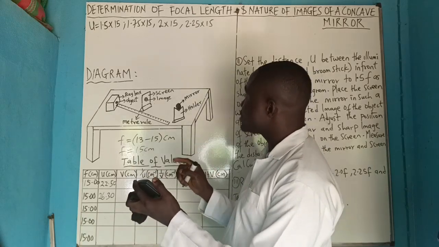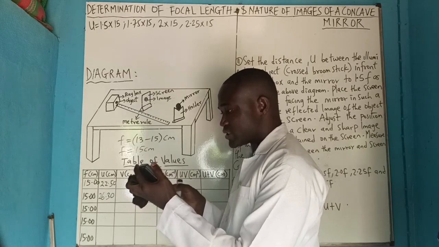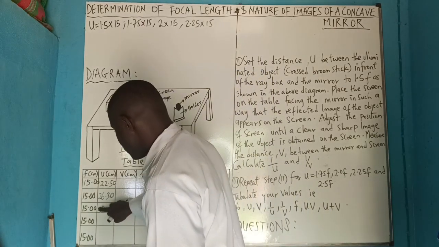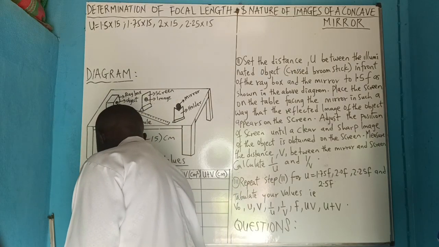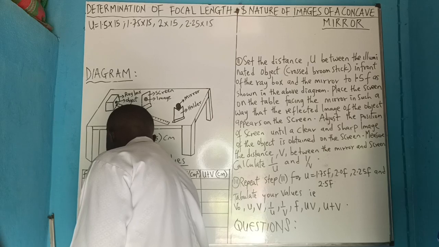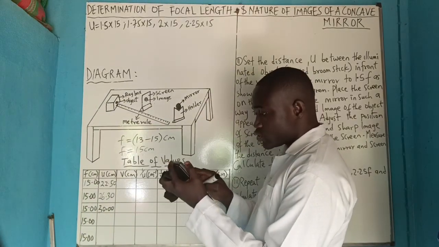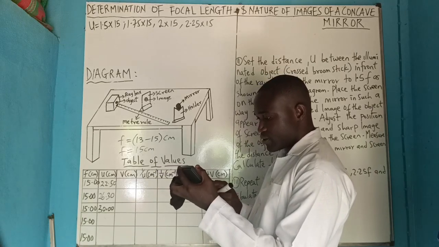Then 2 times 15. 2 times 15 is 30. 30.00. Then 2.25 times 15.